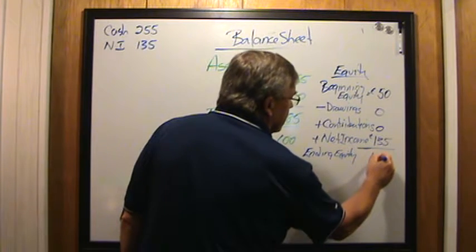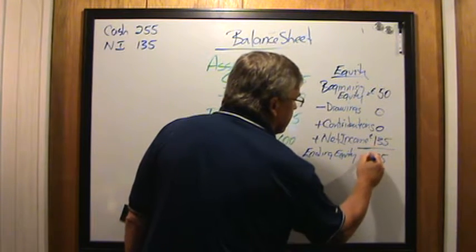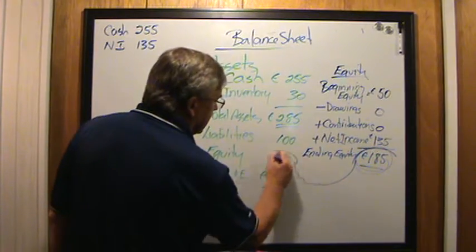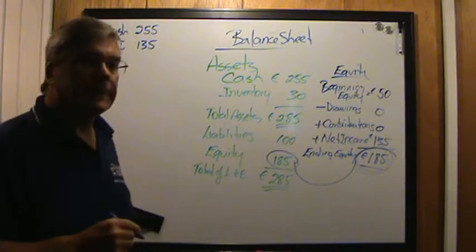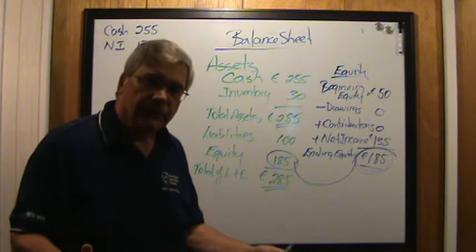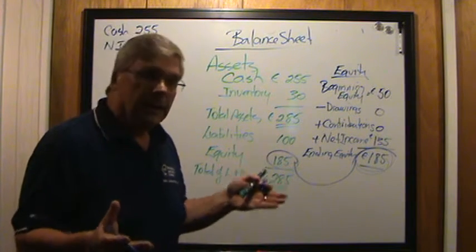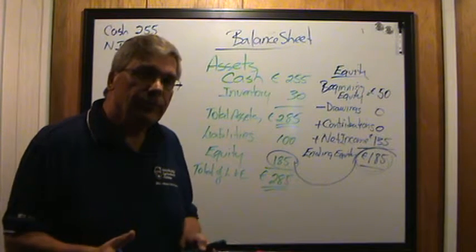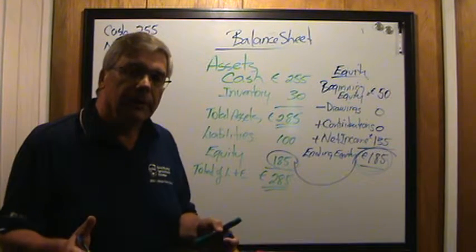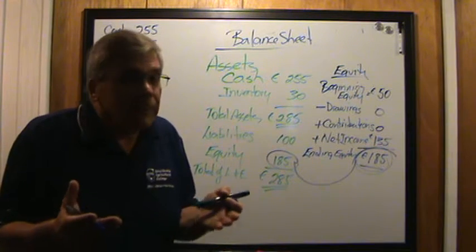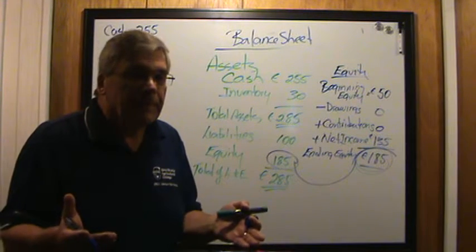And you'll notice that this is 185 euros, exactly the same as this. And that's how you do a very simple business, and you lay out the three basic financial statements that are connected with businesses, and it doesn't look very difficult.